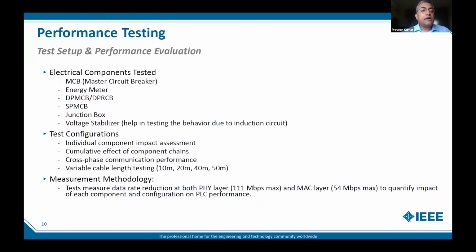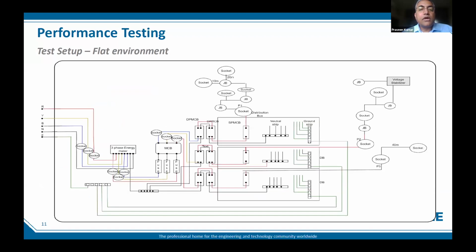We wanted to test how much data loss there would be when we have electrical equipment like MCB, energy meter, junction box, and if there are induction circuits like a voltage stabilizer. We also tested with different cable sizes. So this is the circuit which we created.